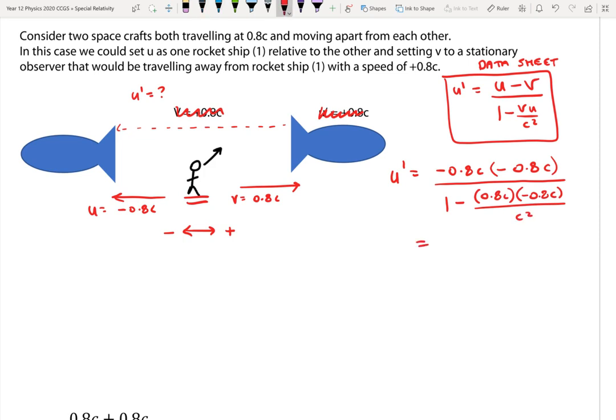So the top line is negative 1.6c. Now we've got a 0.64 negative that we're going to be subtracting. So what's 1 minus negative 0.64? So it's 1.64. It's minus minus. Oh, good. 1.64. We stick with the rules. And I think we get 0.976.